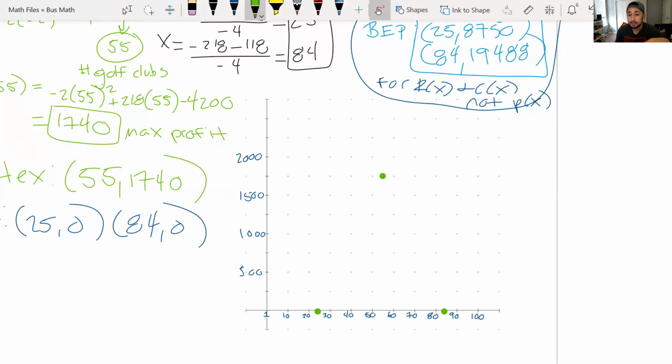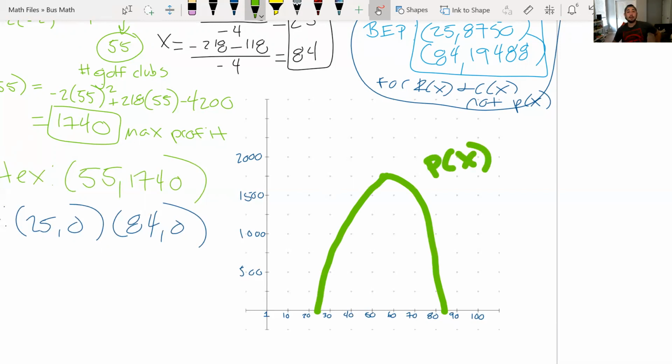There's our 3 points, and here's gonna be the graph of our profit function. There you go. This is P of X. Ugh, okay, that was my bad.